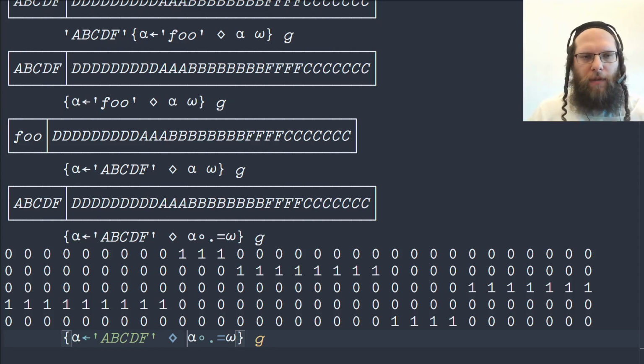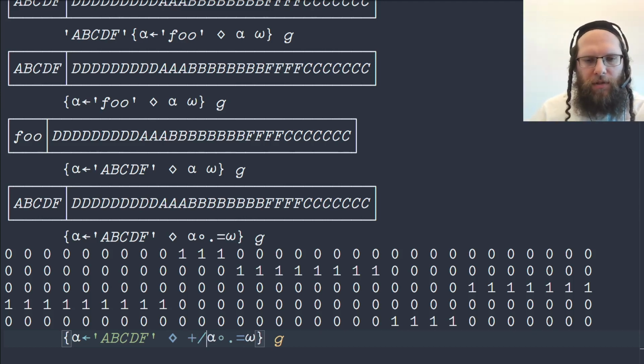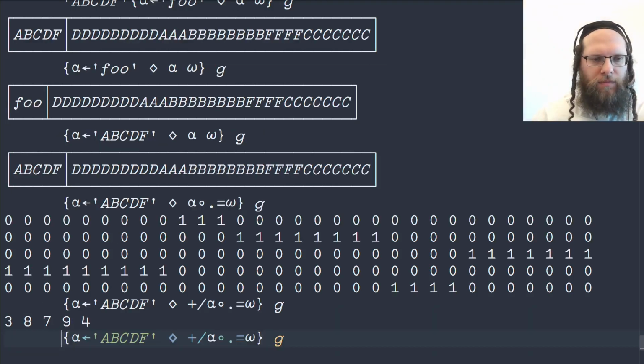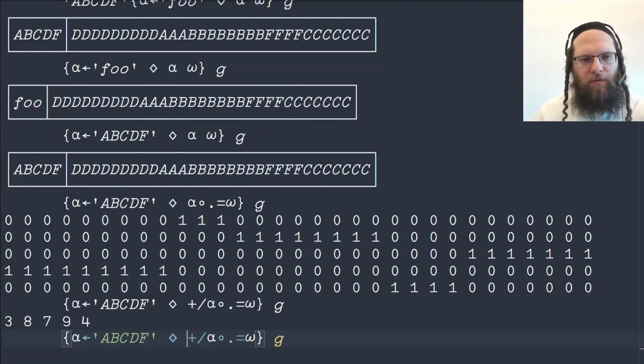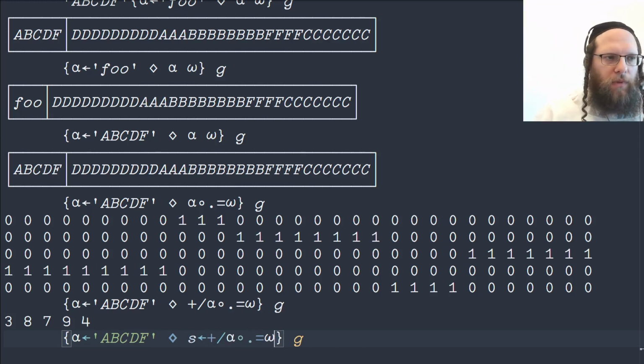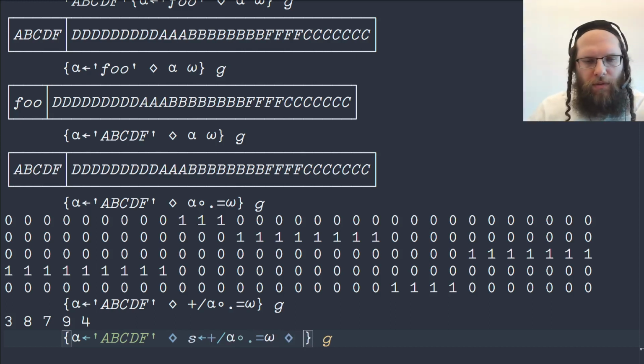Of course, this means that we can do the count of each one simply by summing, and we write that as plus slash. So here are the sums or counts, if you want. We can call that S. In order to compute a percentage, we want to know how many letter grades there are in total.